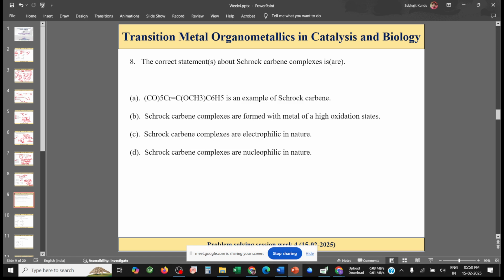The next is question number 8: the correct statement about the Schrock carbene complexes. You have seen that there are two major types of carbene, discovered by Schrock and Fischer.